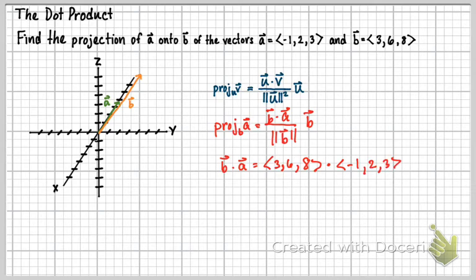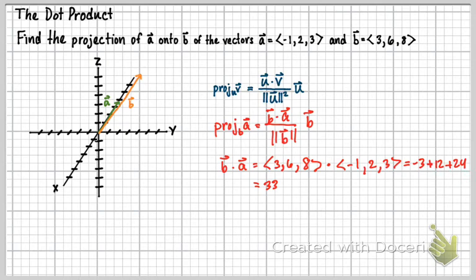I'm just going to race through these calculations because hopefully we're getting a little more comfortable with them by now. So this is -3 plus 12 plus 24, and that equals 33, because this is going to be 36, and then -3 is 33.